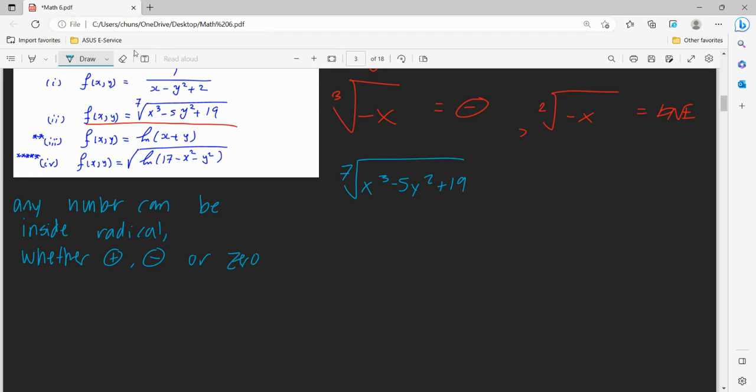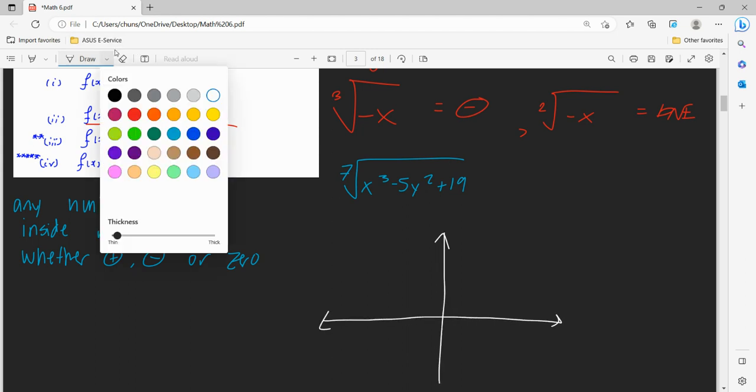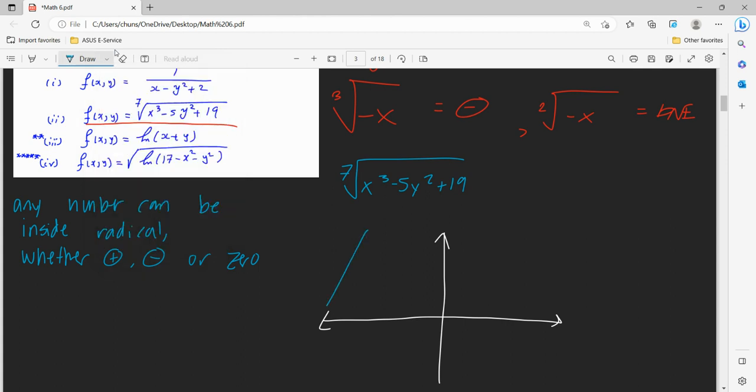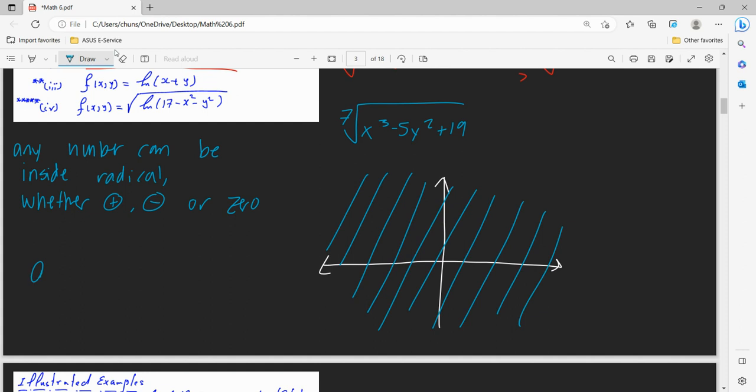So if we drew this out, we would just be shading the entire region of our graph, because we're allowed to use any number at any point, and this would still give us a real value. So our domain is defined by all x, y, where all numbers are permissible. So we just stop it there.